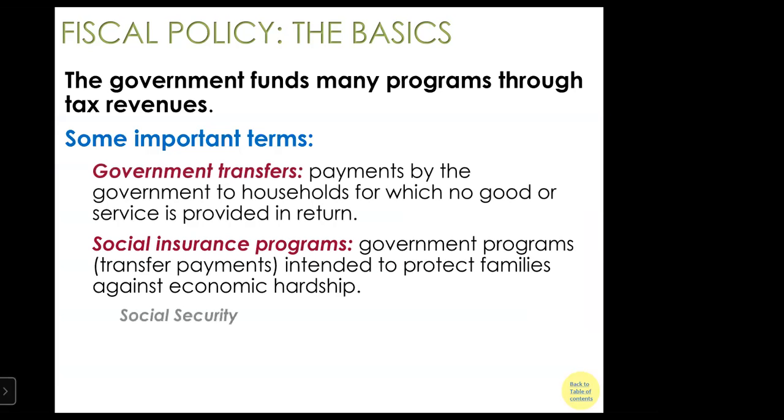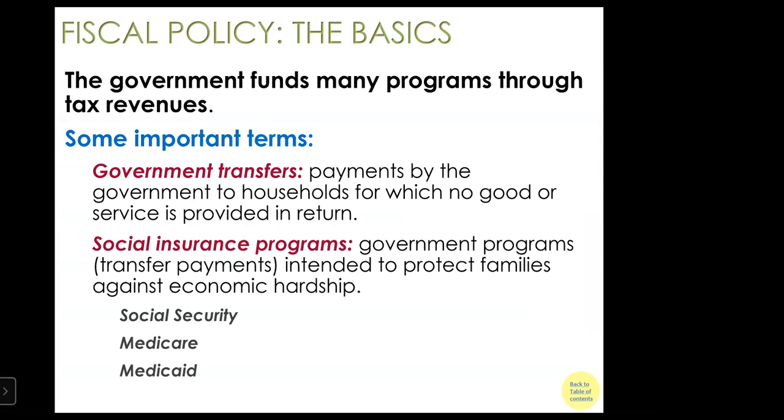Here, I just summarize how the government is going to use its money, right? There are some important terms or important categories. First, it's called government transfer. This is a payment by the government to households, but with no goods or services provided in return.